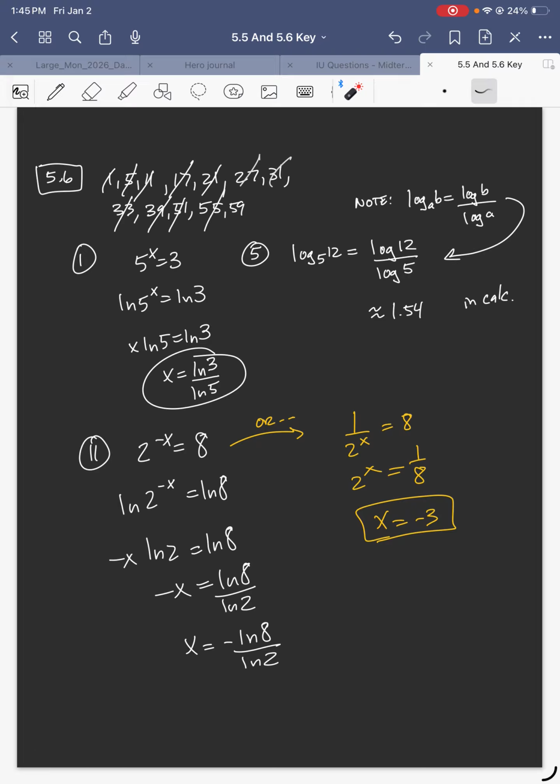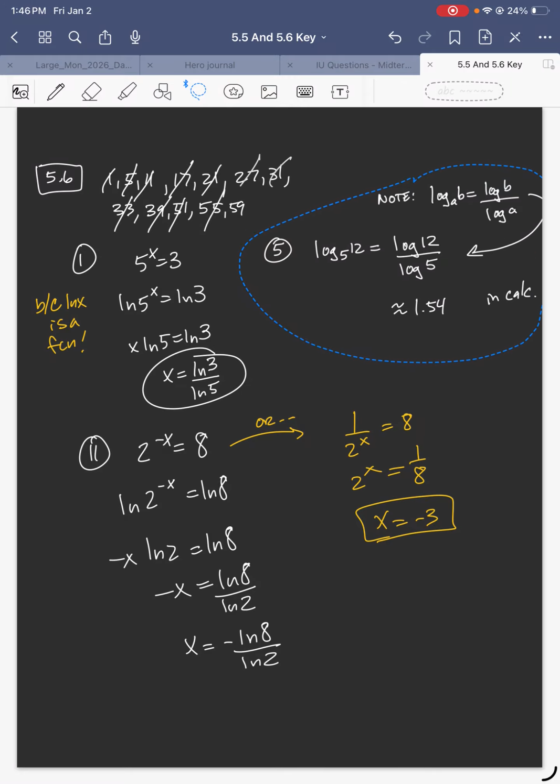5.6. So how would I solve something like this? I would just take the natural log of both sides. And that works because natural log of x is a function.